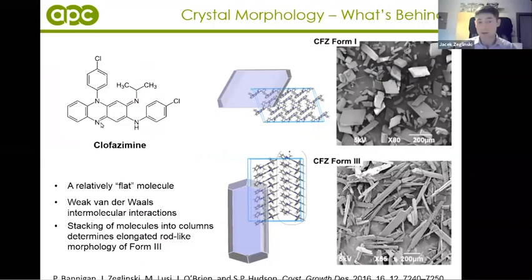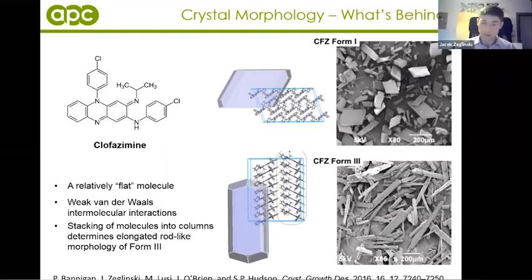So usually for elongated molecules, or those molecules like clofazimine, which is somewhat elongated but also a flat molecule, there are no intermolecular hydrogen bonds, but most of the interactions are those weak pi stacking interactions. And even though they are weak interactions, there are so many atoms involved in the interactions that the preferred growth is actually leading to elongated particles.